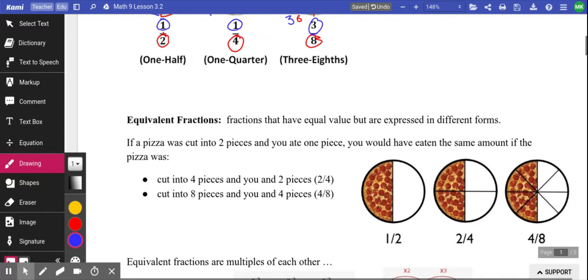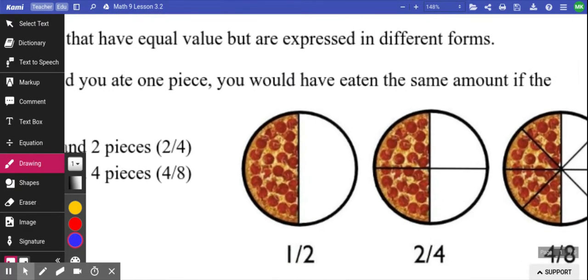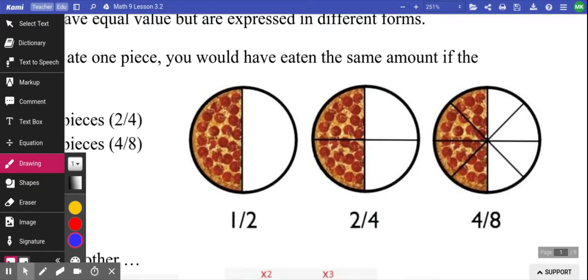I don't know. Equivalent fractions. Equivalent fractions are usually the thing that mess people up because 1/2 might not always be represented as 1/2. Right? It can be represented in different ways. For instance, you have 3 different pizza pictures here, which have been broken up into different amounts of slices.